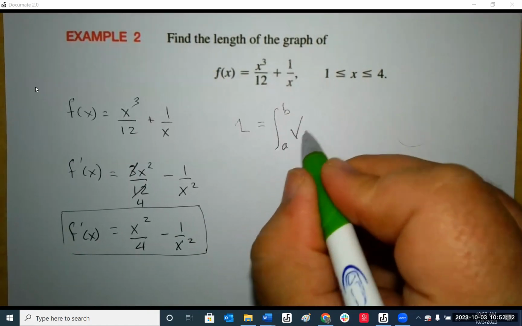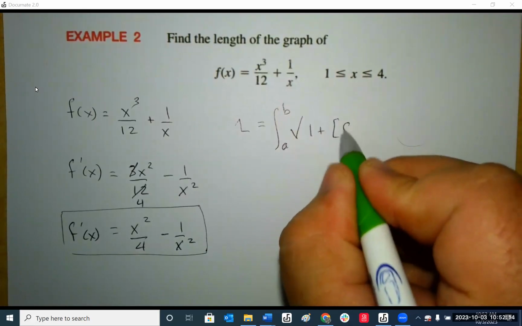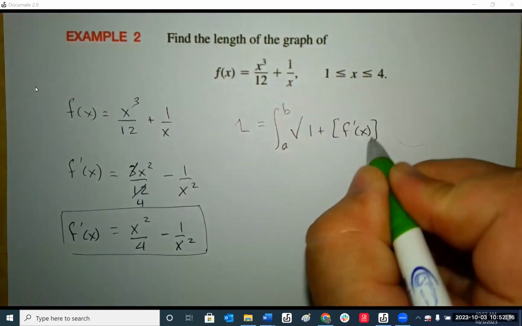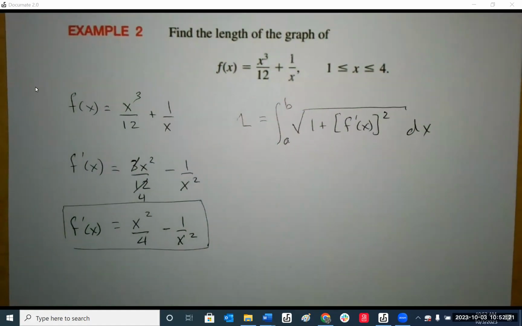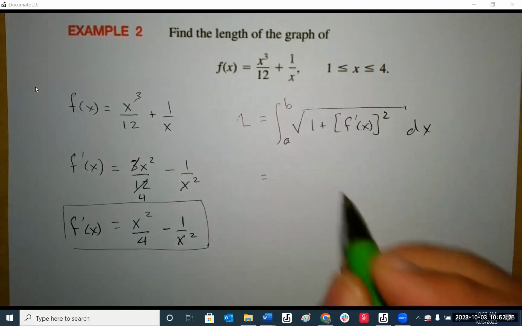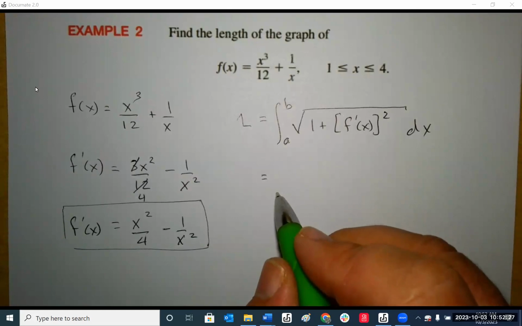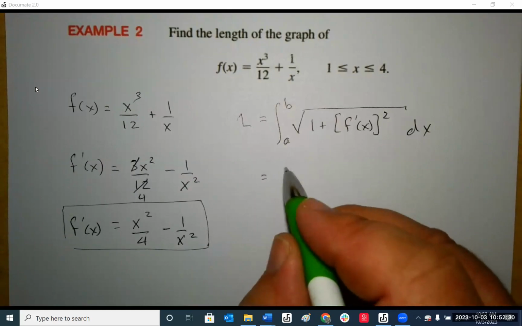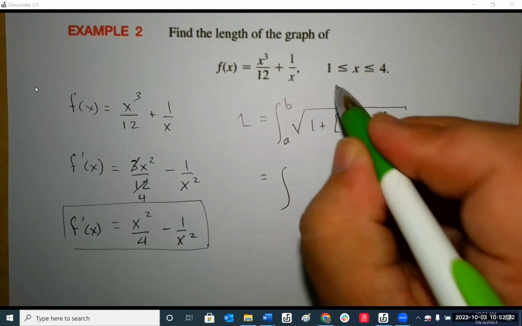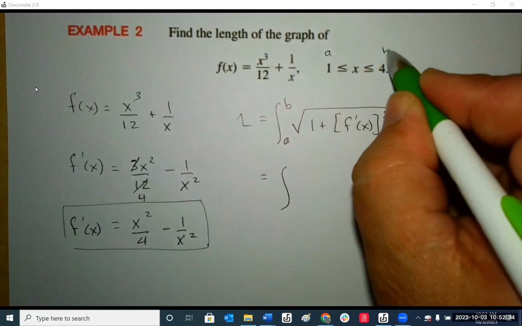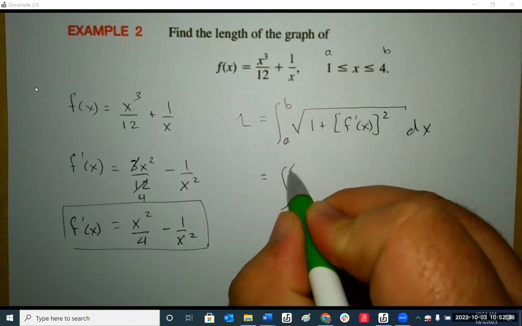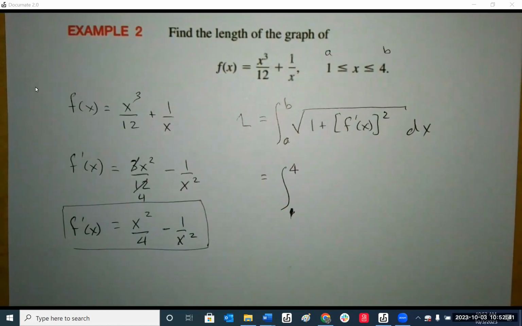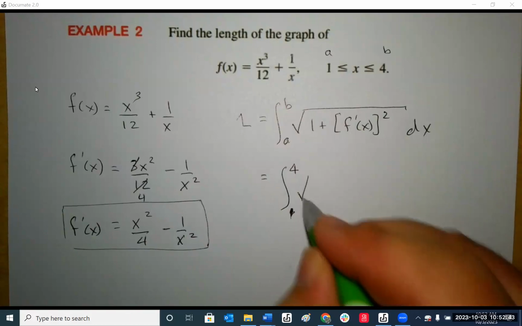Our formula is that. This is A and this is B. So it's going from 1 to 4.